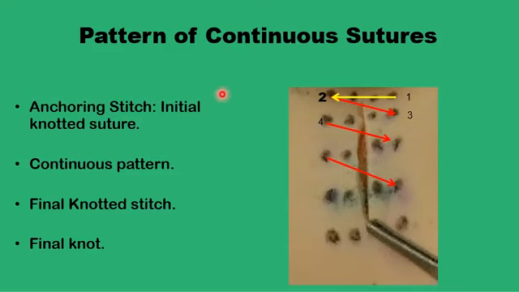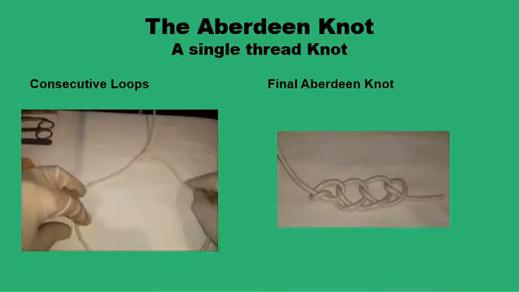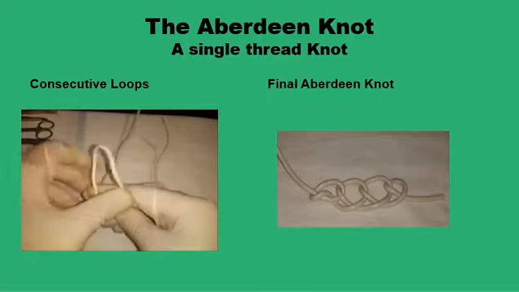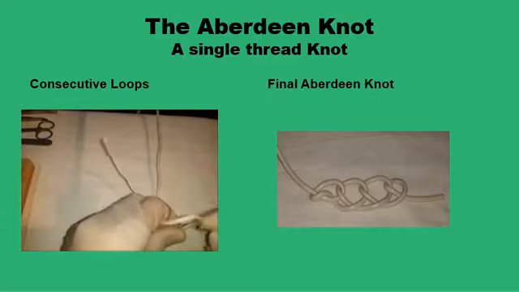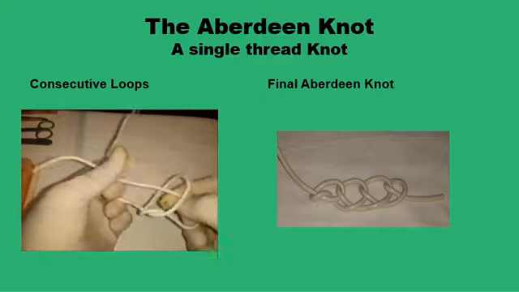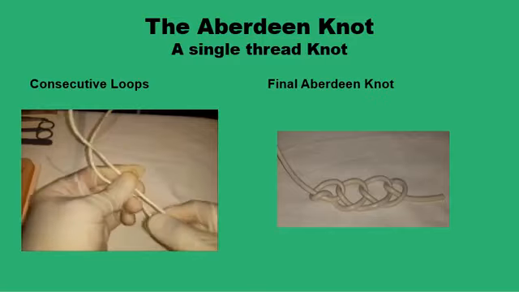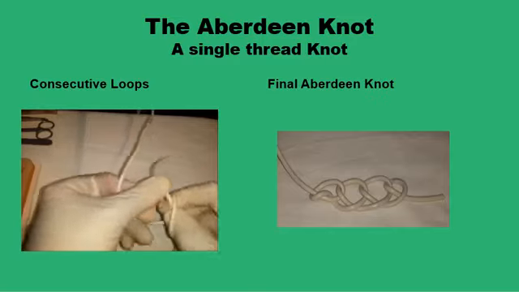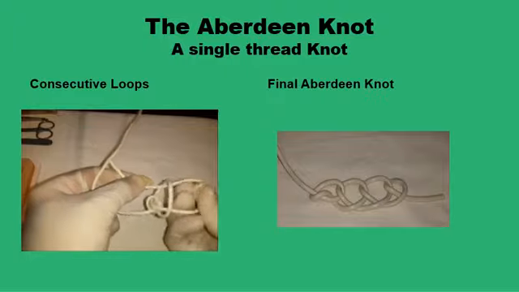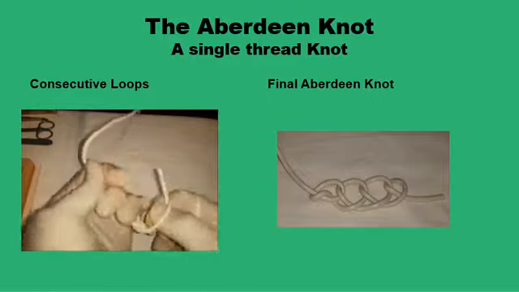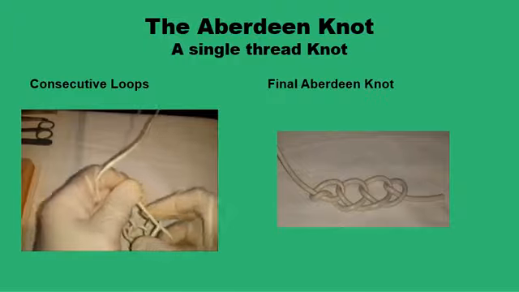And because you have only one thread here, you may need special knots to provide stability to the suture line. The Aberdeen knot is one way of knotting a single thread suture by forming a loop at the final end of the suture line, and through that loop you pull another piece of the suture line to form another loop, and then keep doing this, pull a loop through another loop until you have a secure knot at the end.